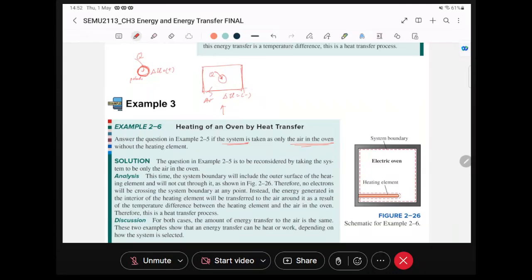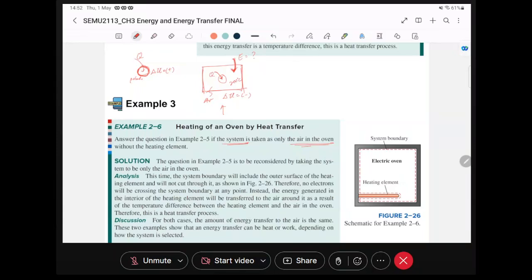Okay. And if there is an external energy coming in to maintain it at 200 degrees Celsius, then there's a net energy coming in. But what form of energy is this?